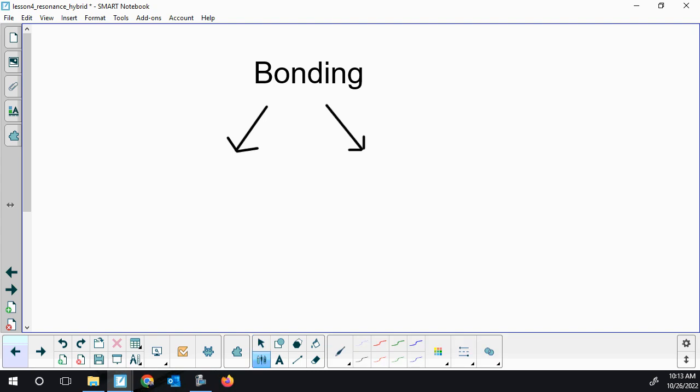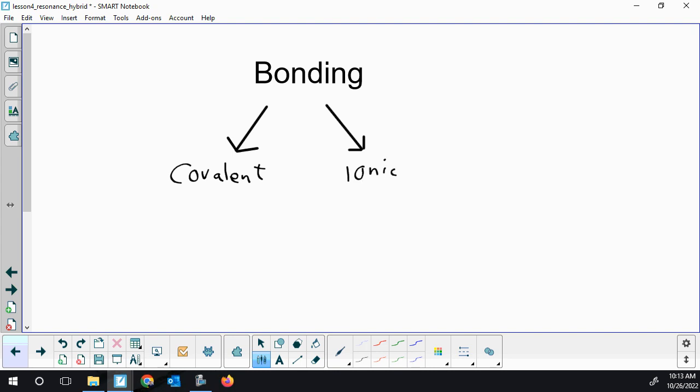So we've got bonding as a heading. And then we could get 2 different types of bonds. We could have covalent bonding, or we could have ionic. Okay?